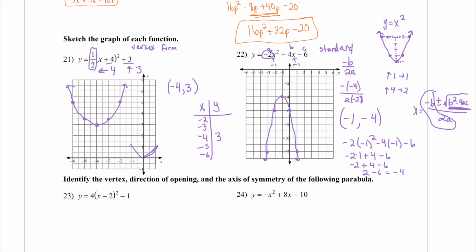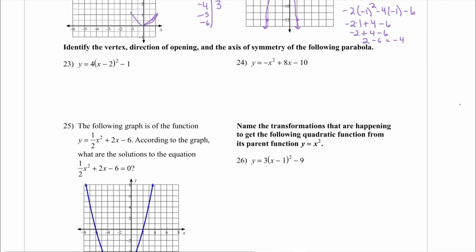So if you are ever stuck trying to graph something, this is always an option. You plug in these numbers to this equation, work out what the y values are, and then use that to graph.